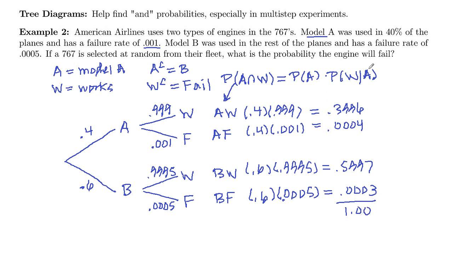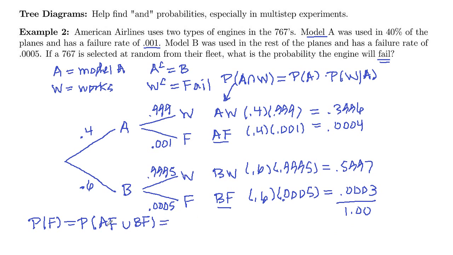So we want to know what's the probability the engine will fail. Well, there's two ways it could fail. It could be an A engine and fail or a B engine and fail. So the probability of failure here is the probability of A and it fails, or union B and it fails.